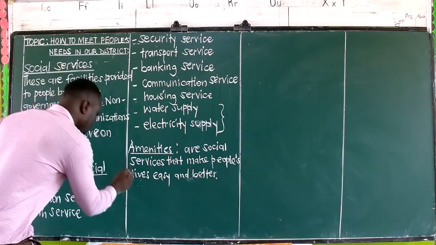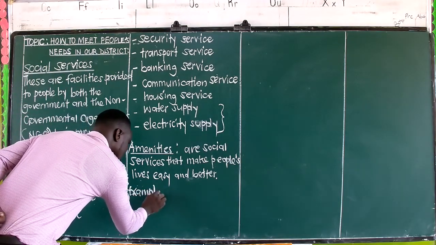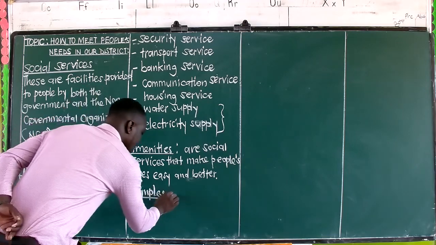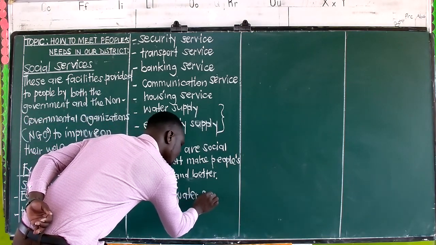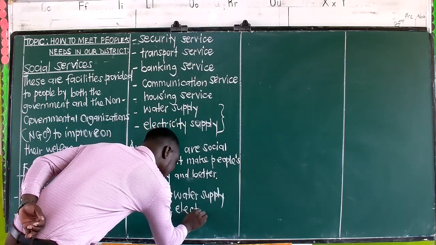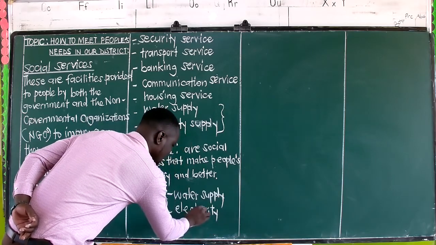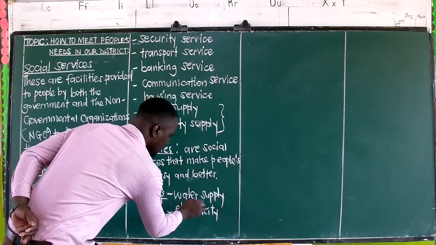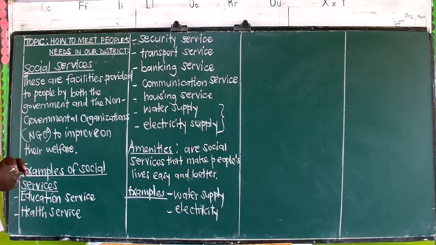Now, which examples do we have here? We have said the last two, those are water supply, and then we have electricity. These are the ones that form what we call amenities. These are the examples of amenities we have.